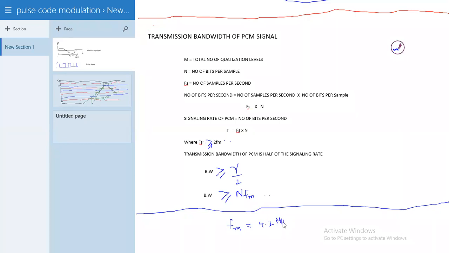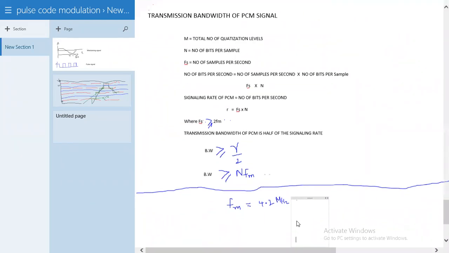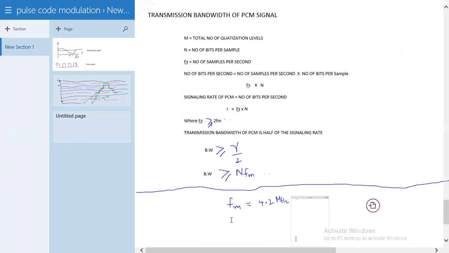Note it down. First we have to write the given data: 4.2. And another one is how many quantization levels are there. Given that the number of quantization levels is 512. What is the meaning of that one? 512 is what, capital M or capital N? Capital M, ma'am. Yes, the capital M number of levels is given.